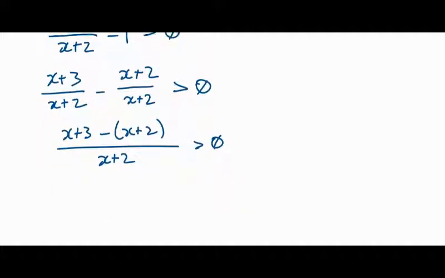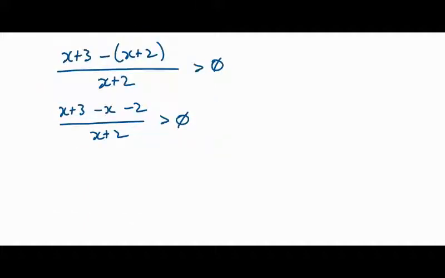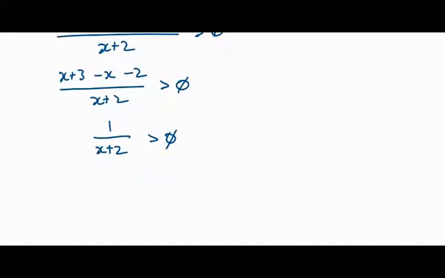That makes a big difference, just that little. Then I have to distribute the negative through. So this is x plus 3 minus x minus 2. X minus x is gone. 3 minus 2 is 1. This one ends up being super easy because it has a vertical asymptote at -2.